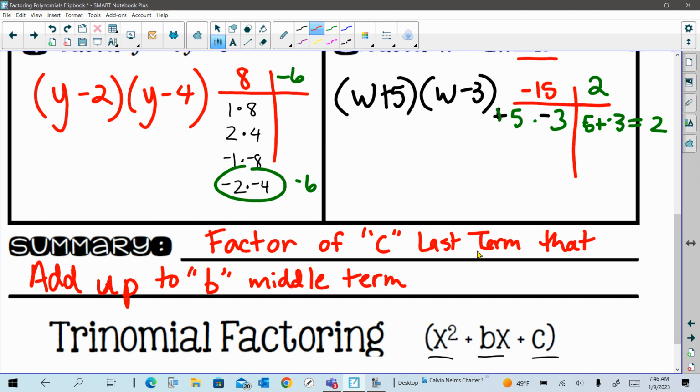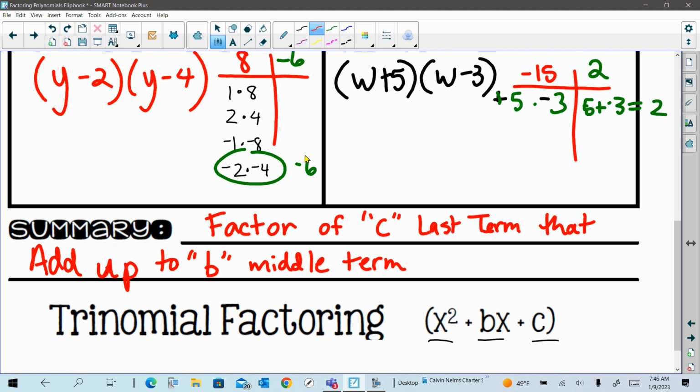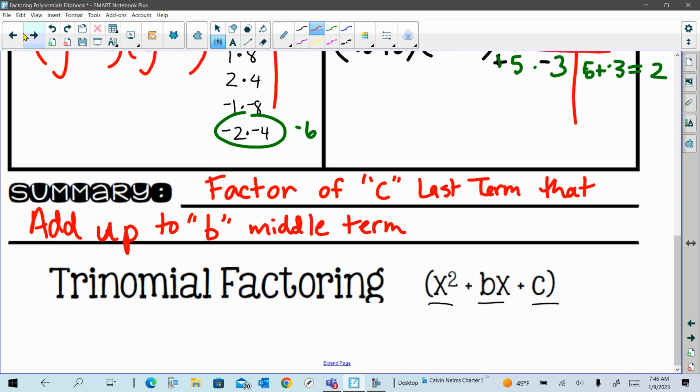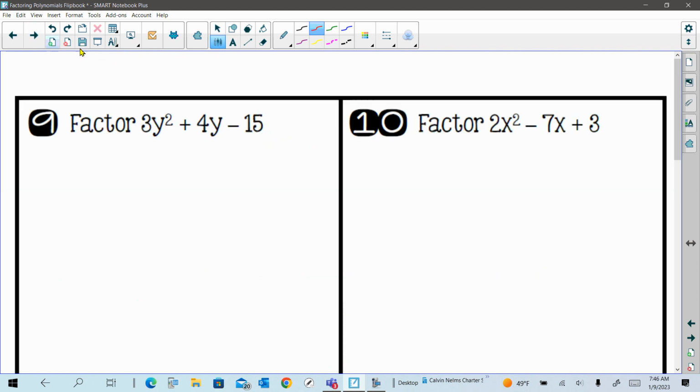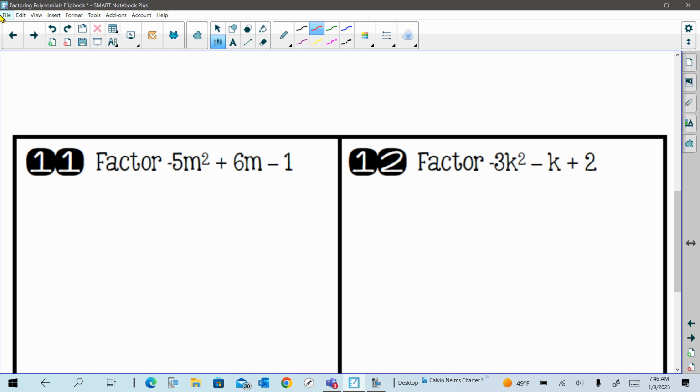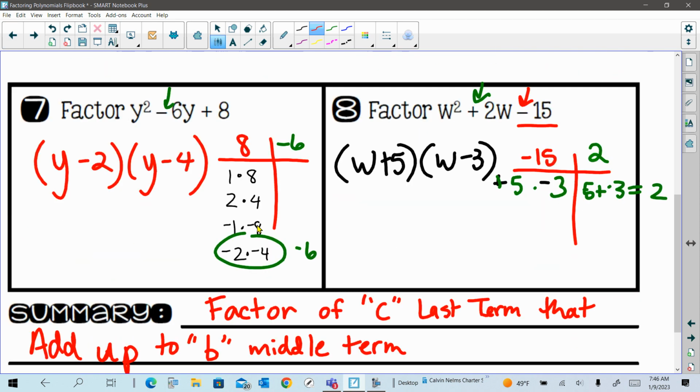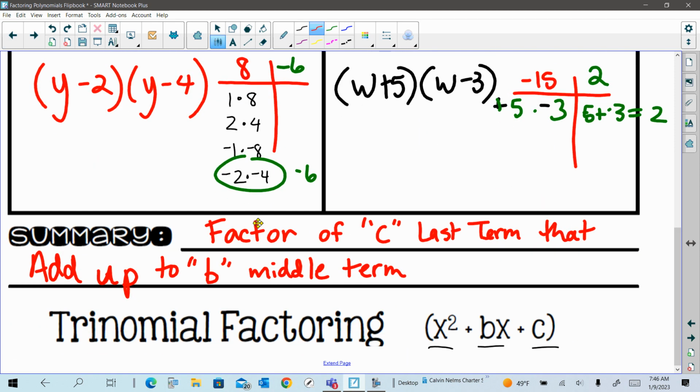All right, this same concept works with the next one, but we have to notice the difference here, okay? So we still have a second type of trinomial.